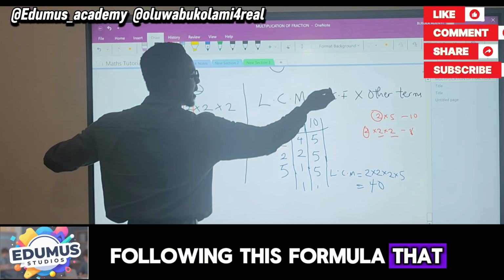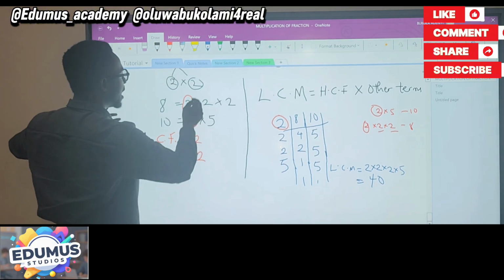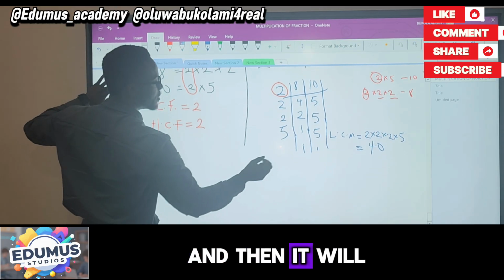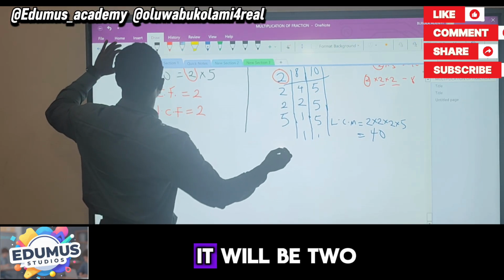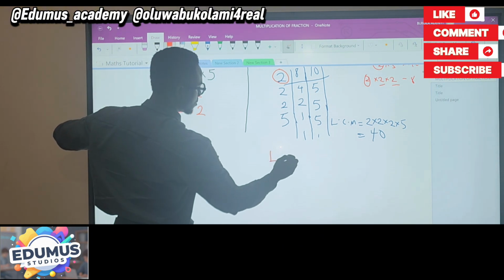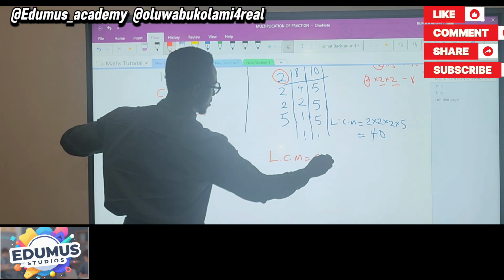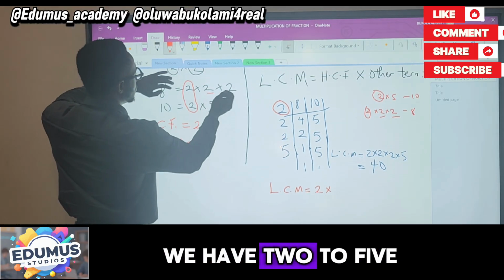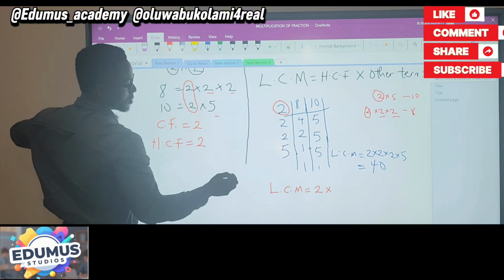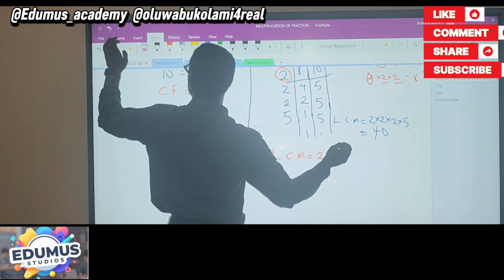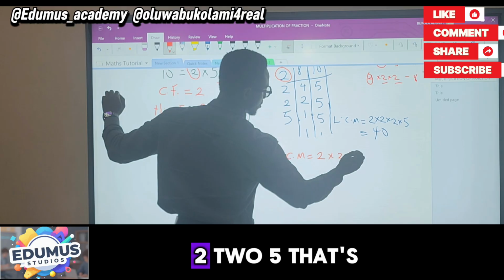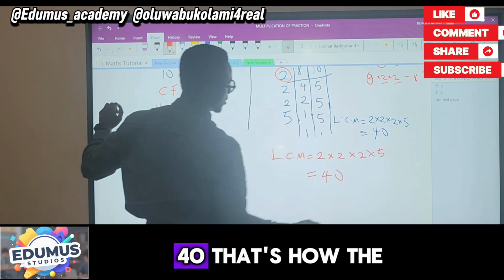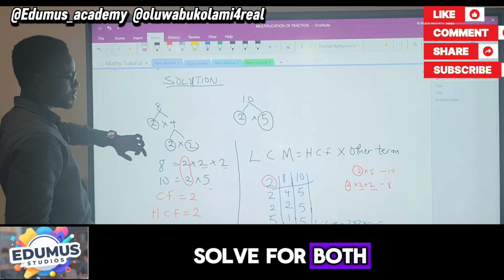Following this formula, HCF times other terms, HCF has helped us take the space of this common something, and then it will now be 2 times, other terms, 2, 2, 5. That's 40. That's how the method helps us to solve for both.